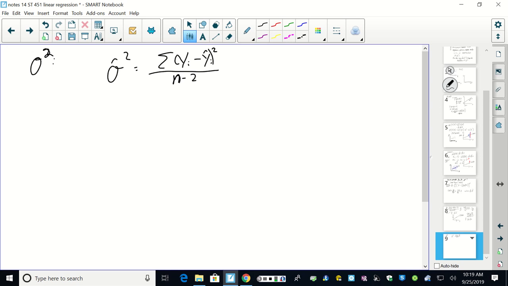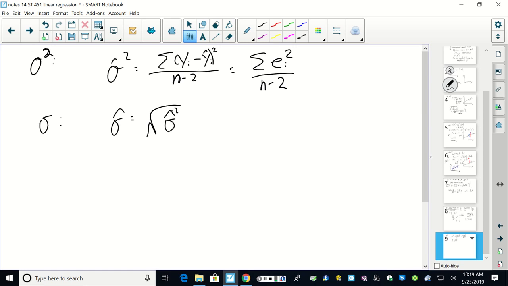If we wanted just the standard deviation, we're just going to take the square root of that one. So we calculate beta 1 hat, beta 0 hat, all the predictions, and take all the observed errors, so this is ei squared over n minus 2. The variance describes those errors.